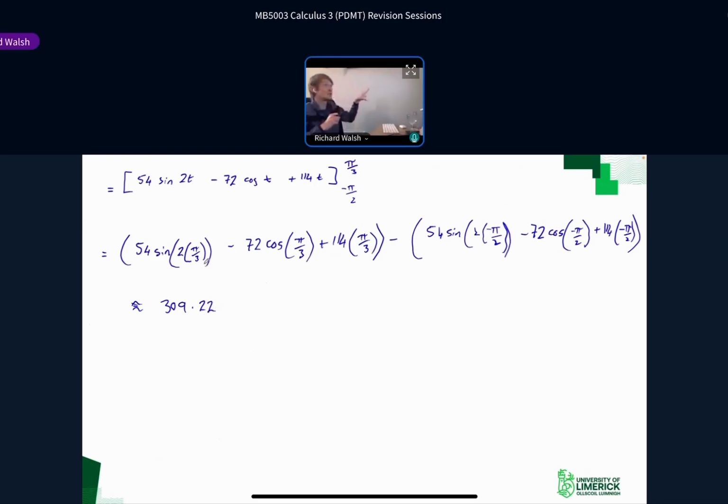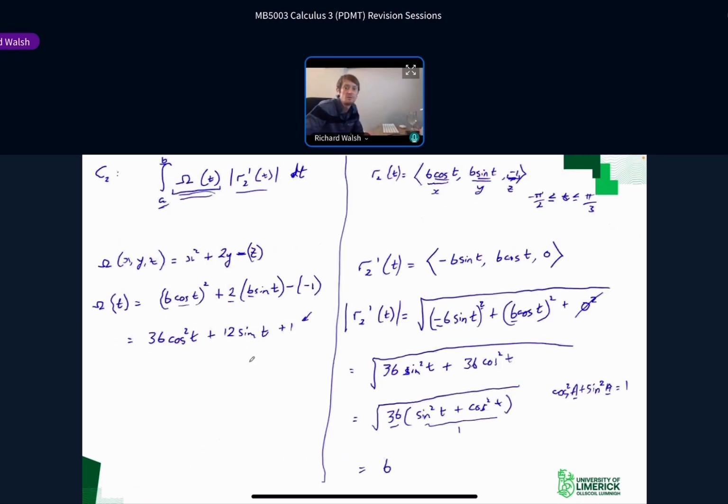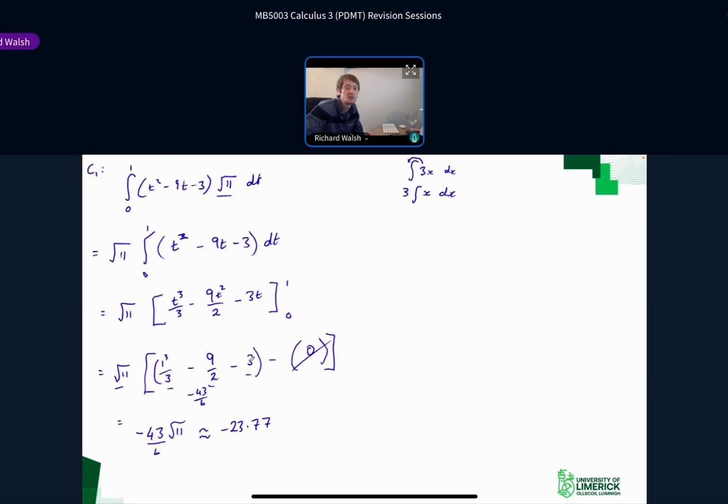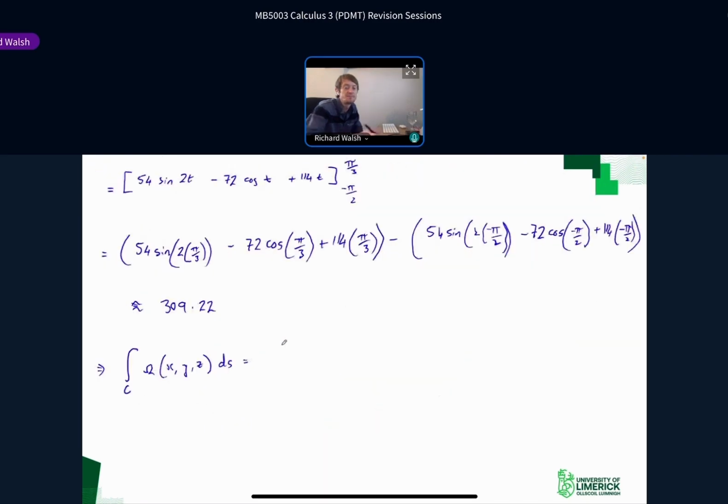So we've done it along C1, the line segment, and we've done it along C2, the circle. So our overall answer, therefore the overall C that we were asked for in the question, is just our answer from along C1, which was minus 23.77.